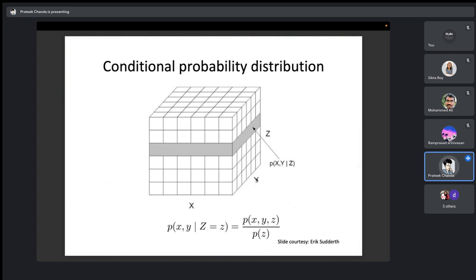That means you fix z to a particular value, like z equal to small z, and you fix that particular vertical axis to one specific rectangular box, and for that you pick up all combinations of x and y. So that's the visual notion of a conditional probability distribution here.